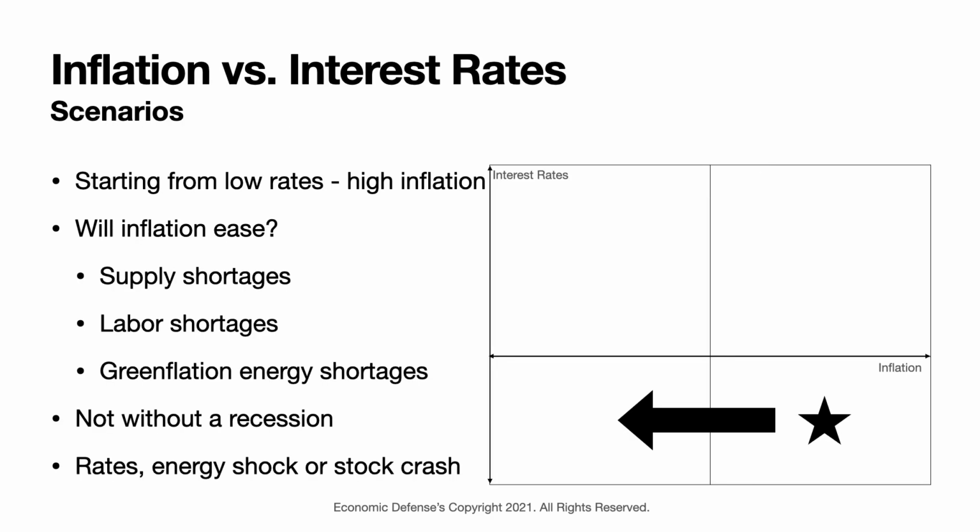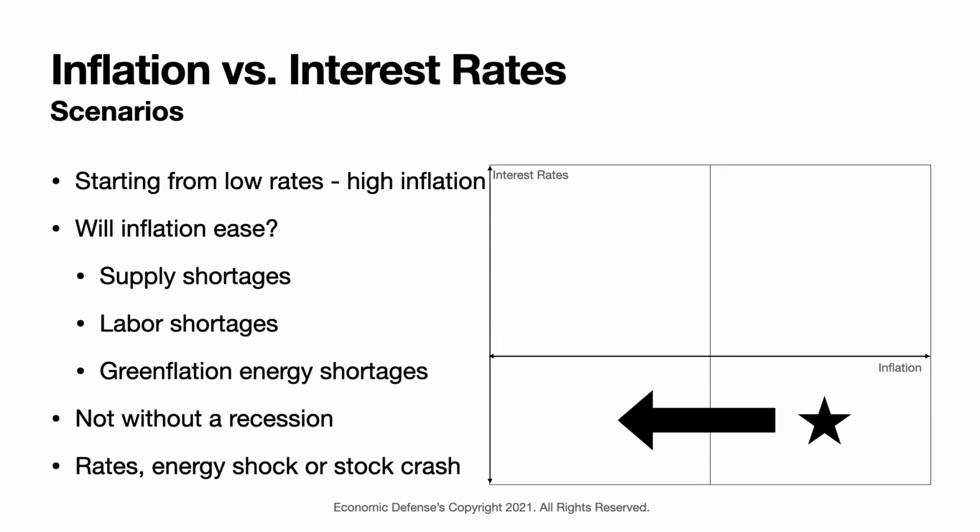And so if we focus on the situation with inflation and interest rates, we see that we are beginning where the star is. So we have interest rate on the vertical axis and inflation on the horizontal axis. So we're beginning from a point of low interest rates with high inflation.